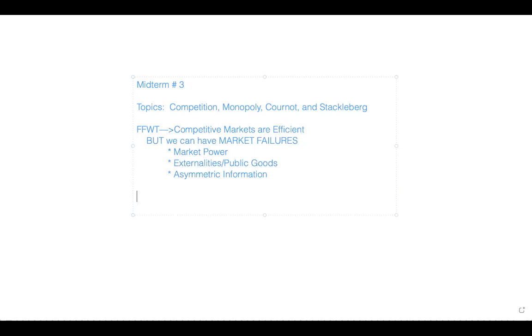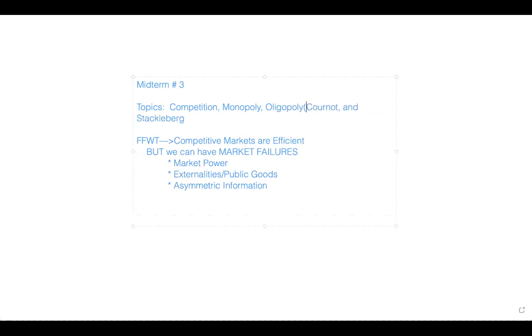So again, this is all related to supply, because monopoly and oligopoly, and I'll write oligopoly, that's the bigger category that includes Cournot and Stackelberg. Monopoly and oligopoly both represent circumstances in which the businesses that are doing the supplying, the firms, have market power.